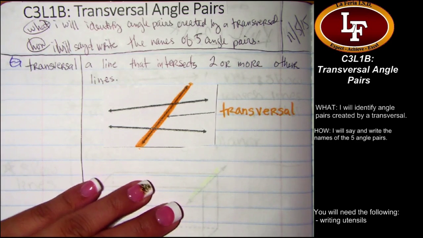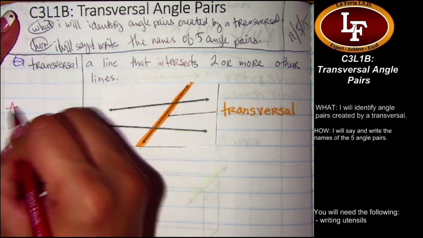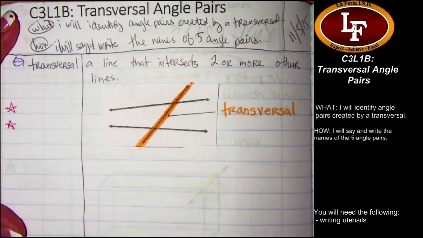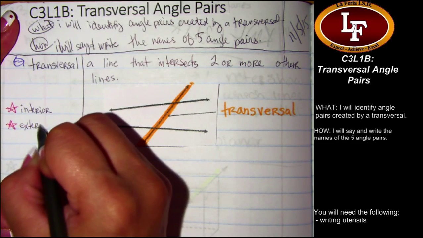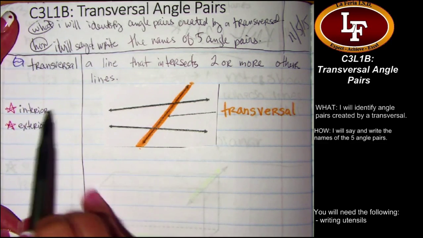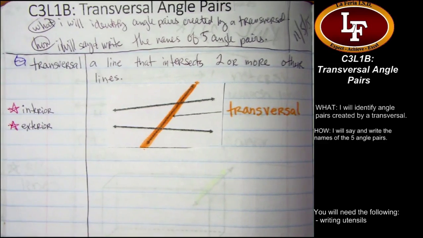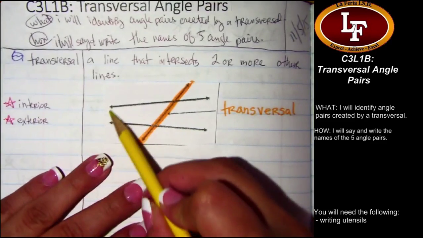Now when we're talking about this transversal cutting into these two other lines, we have two things that get created. We have an interior space and an exterior space. Please write them with just enough room to write another word here because we're not done. This is the interior space.